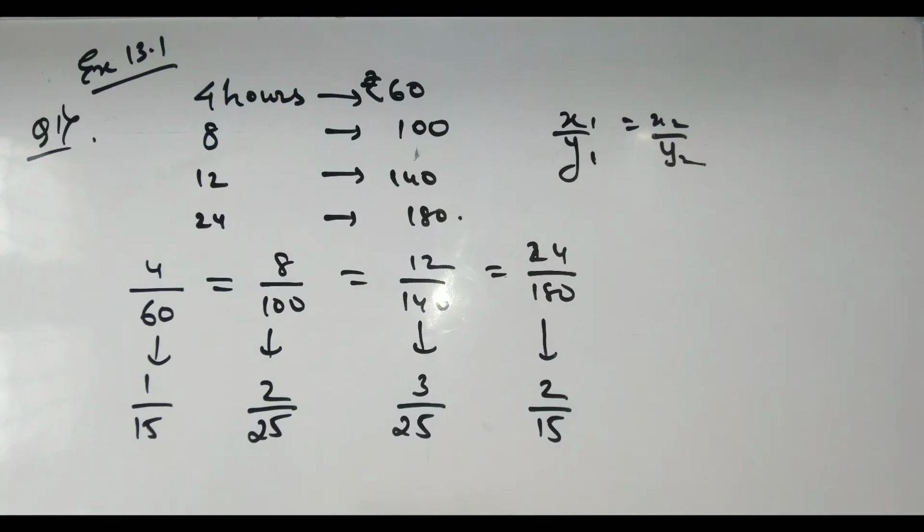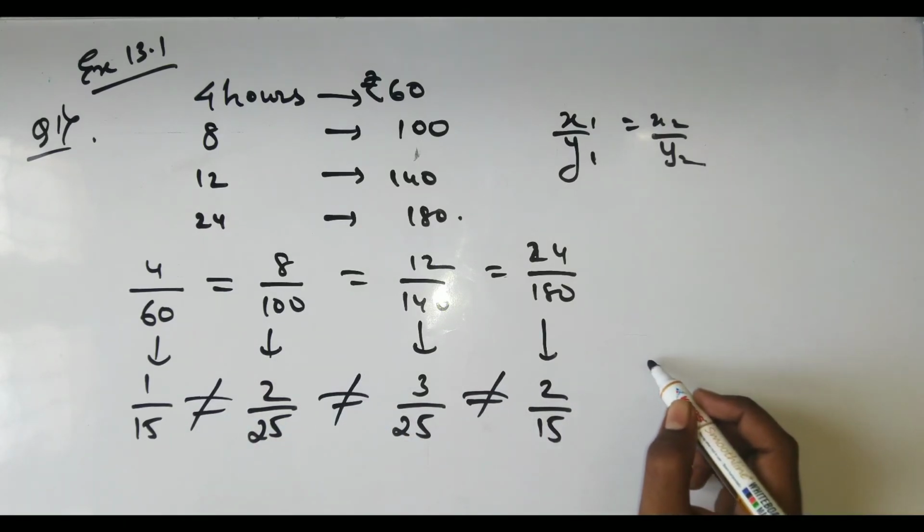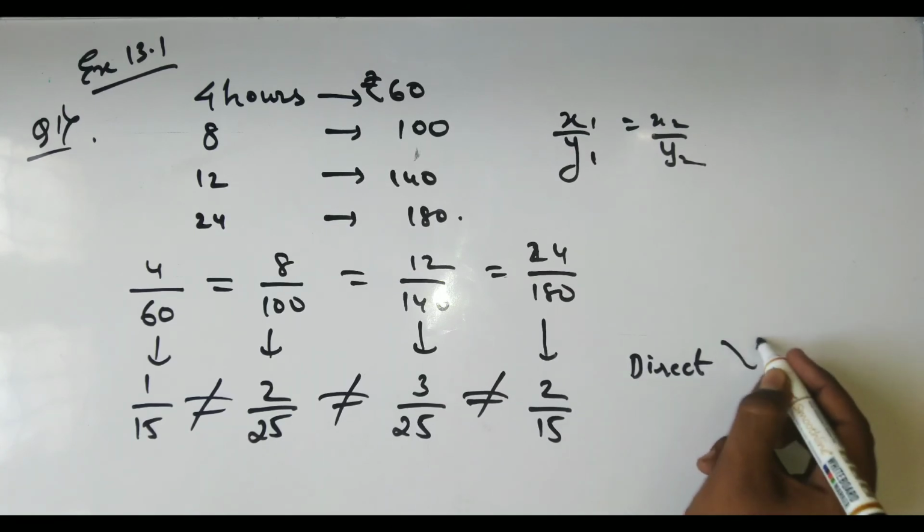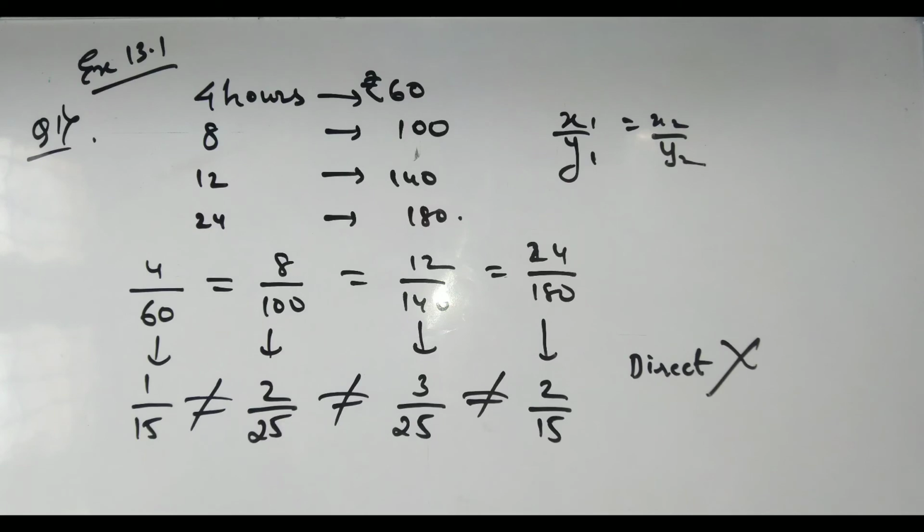Now you can see here, these are all in simplest form, and the simplest forms are not equal, so they are unequal. So I can say that they are not in direct proportion.